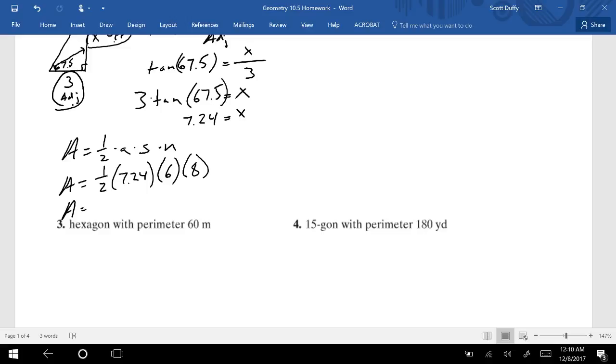I got an area of 173.8 square centimeters.